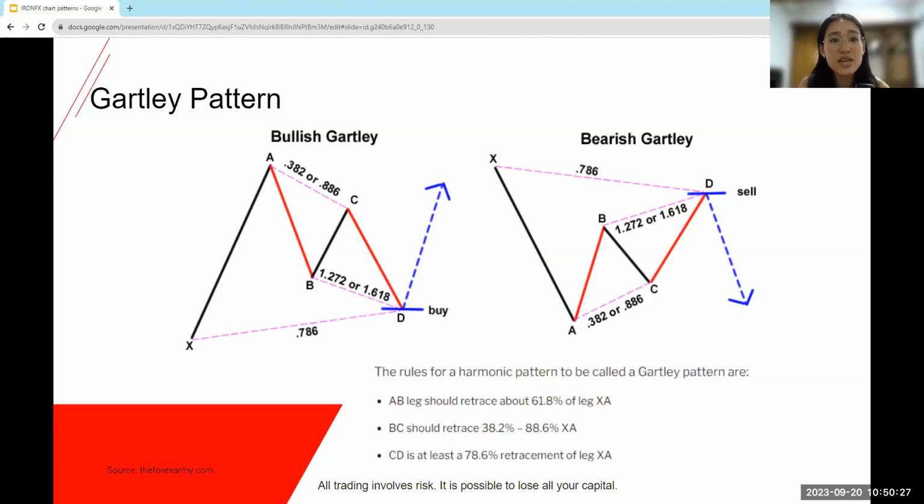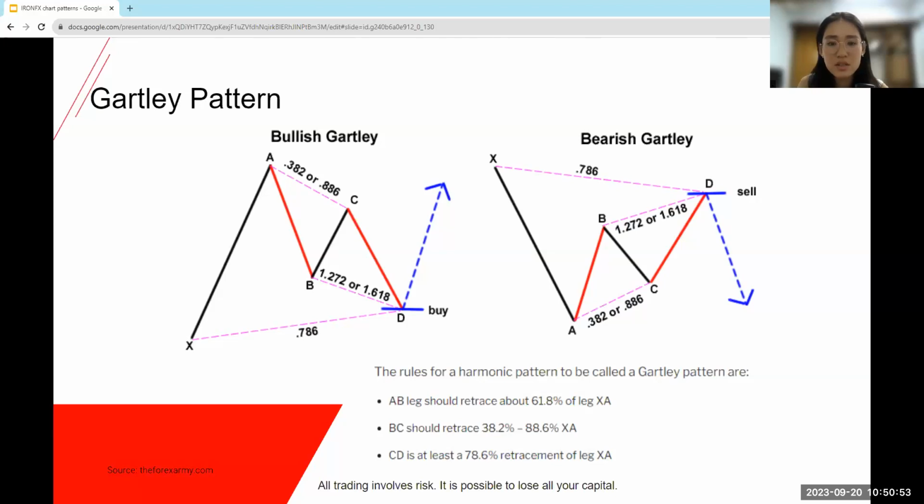Point C falls anywhere between the 38.2 or 88.6 retracement of the corrective leg AB, including all harmonic trading ratios that fall between these two constraints. So it can be 50, 61.8, 70.7, 70.6, basically any Fibonacci level that's between these two numbers.